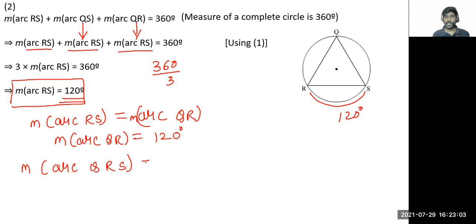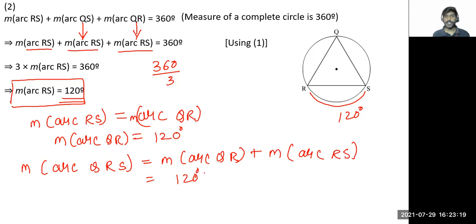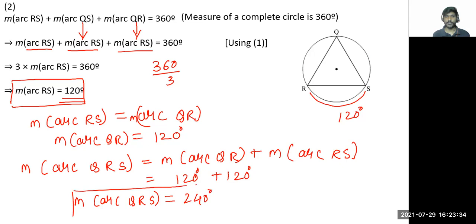Measure of arc QRS is measure of arc QR plus measure of arc RS. Both are 120 degrees, and 120 plus 120 is 240 degrees. So the measure of arc QRS is 240 degrees. This is the second part which we had to find out.